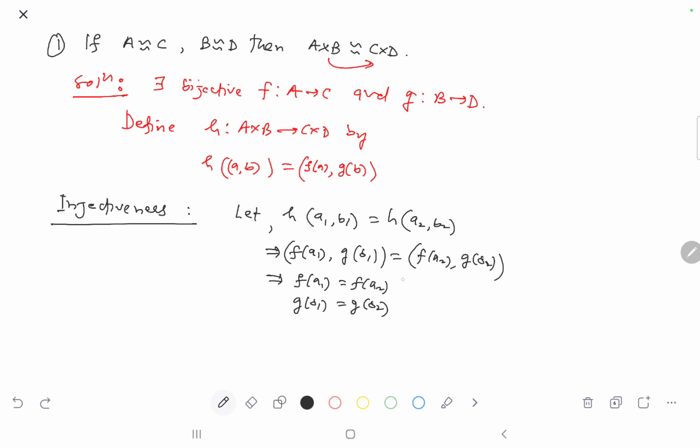Now f is injective and g is injective, so we get a1 equals a2 and b1 equals b2. So (a1, b1) equals (a2, b2). We started with h of (a1, b1) equal to h of (a2, b2) and got (a1, b1) equal to (a2, b2), so h is injective.